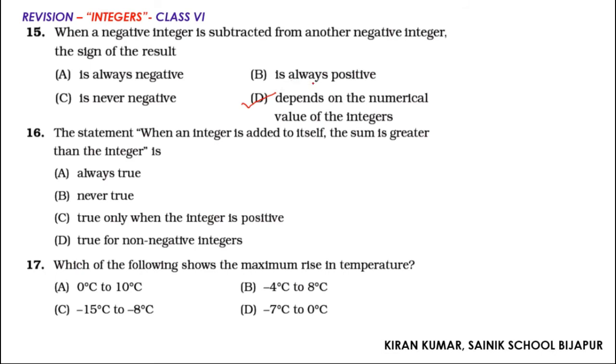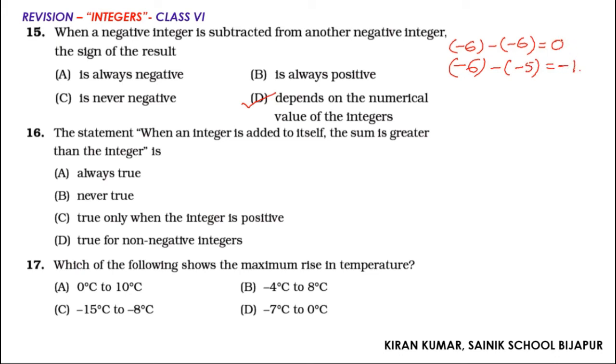So the right answer is option D. Because when we consider a negative integer subtracted from another negative integer, say -6 is considered and one more negative number is considered, we can get the result as 0, whereas -6 minus of -5 will be -1.